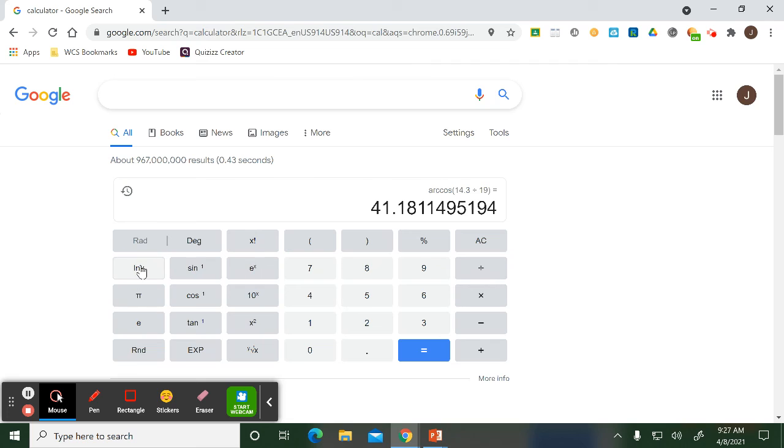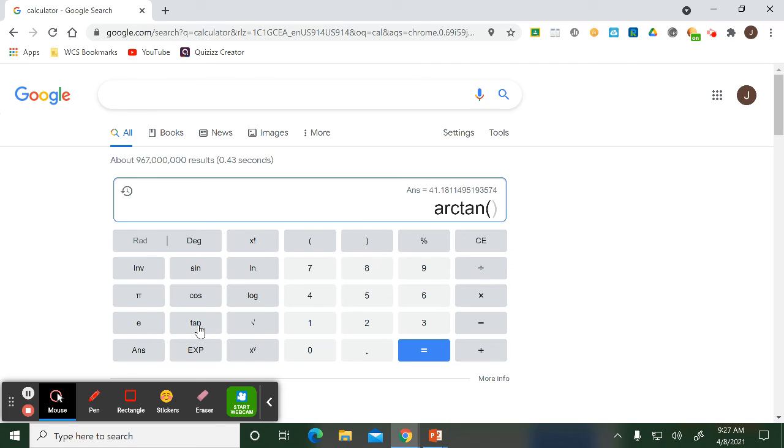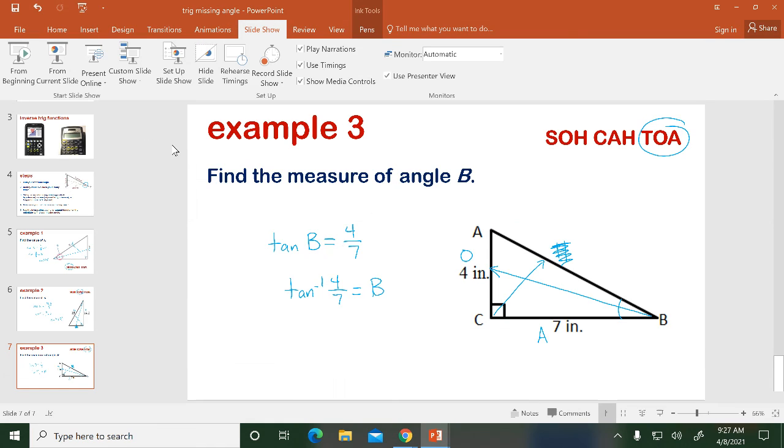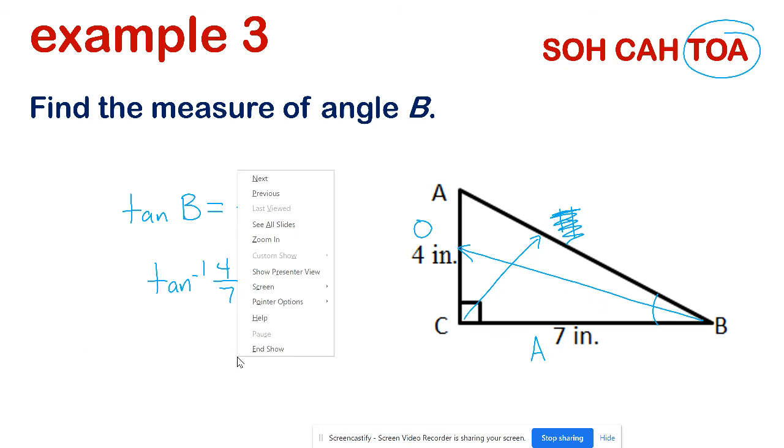And once again, hit the inverse button, hit the inverse tangent button, and 4 over 7 gives me an answer of approximately 29.7 degrees. So my answer here is approximately 29.7 degrees. So that is the measure of angle B.